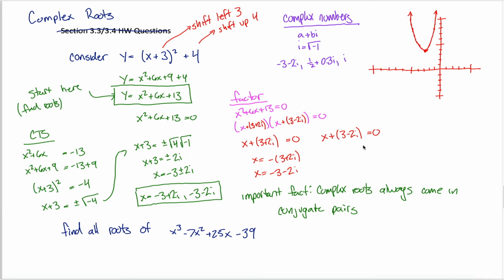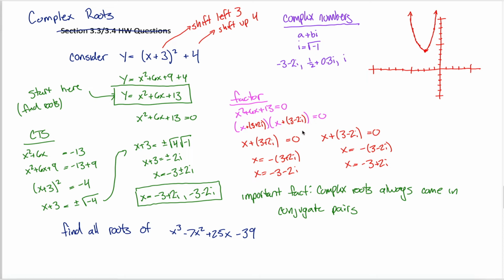Same idea over here. I'll subtract it to the other side of the equation and get x equals negative 3 minus 2i, and then distribute the negative through the parentheses and get x equals negative 3 plus 2i as my other root. The exact same roots that I came up with here, negative 3 plus 2i, negative 3 minus 2i, I can come up with by factoring if I can factor over complex numbers, which realistically nobody can.